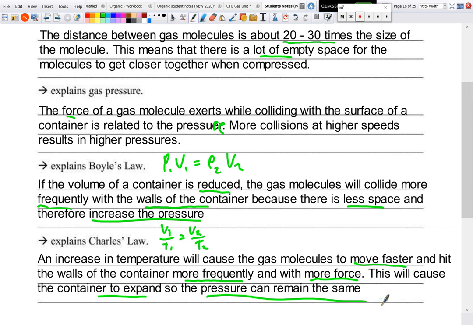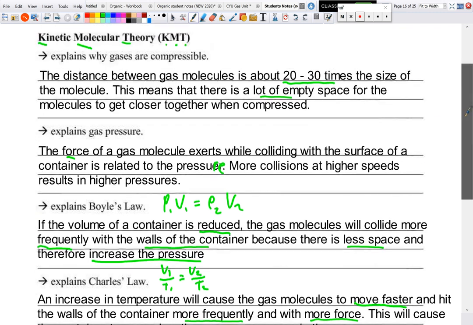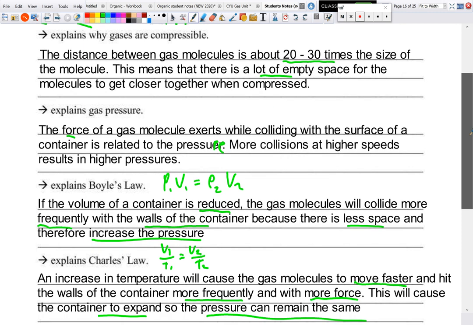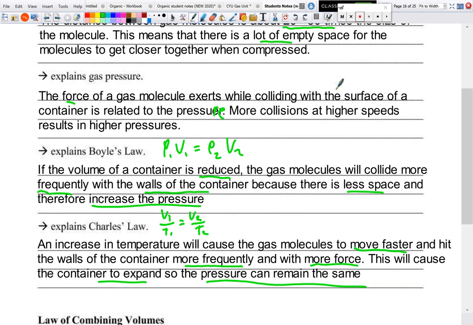We can't say the pressure will increase because this is under constant pressure conditions, right? That's why pressure isn't in the equation. The volume will actually adjust so the pressure stays the same. And there you go. That is using kinetic molecular theory to describe our four things: why gases are compressible, why they exert pressure, and to explain Boyle's law and Charles' law.